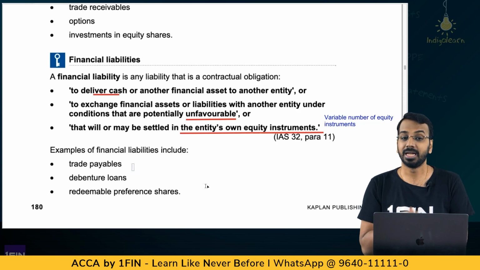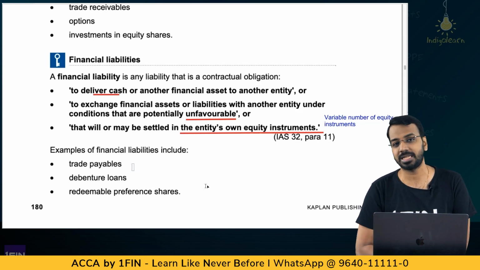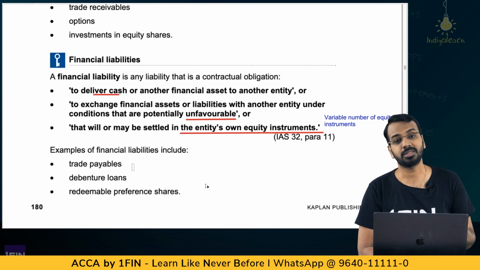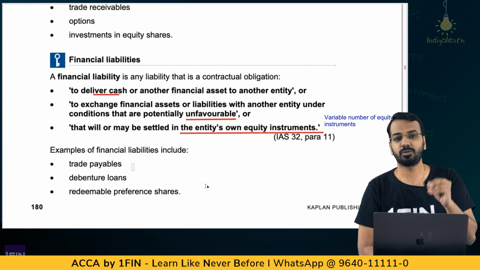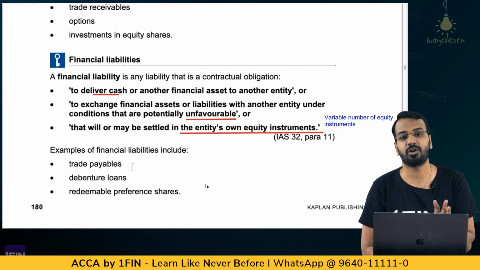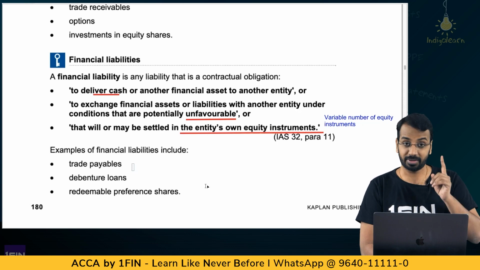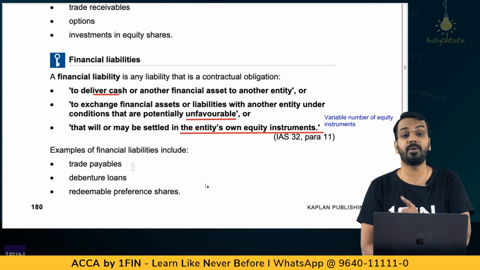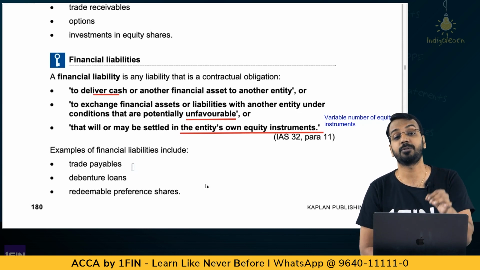And hence redeemable preference shares are also classified as a liability. Now, why are equity shares not classified as liability? Because to the equity shareholders, there is no contractual obligation to repay the cash. When I say redeemable preference shares, the underlying thing is that the company has to pay back the amount after a certain period of time.